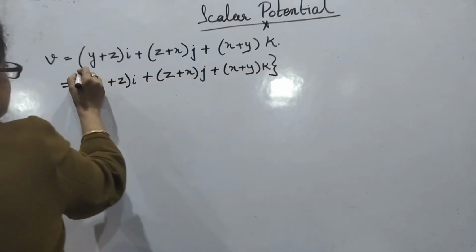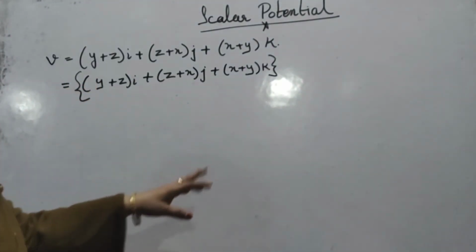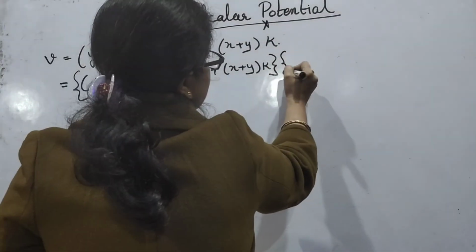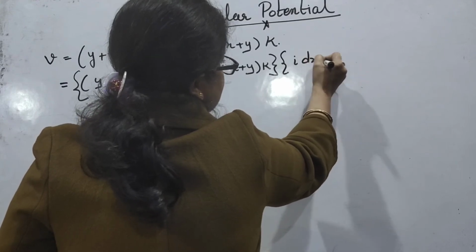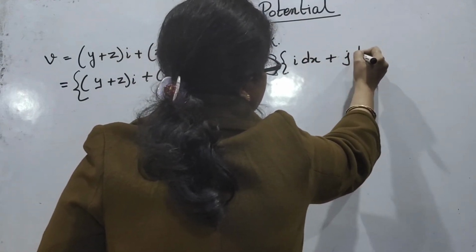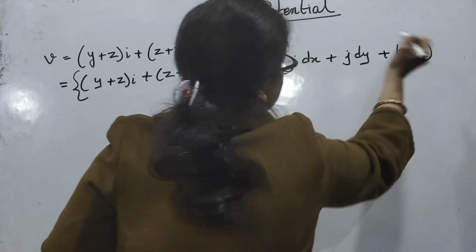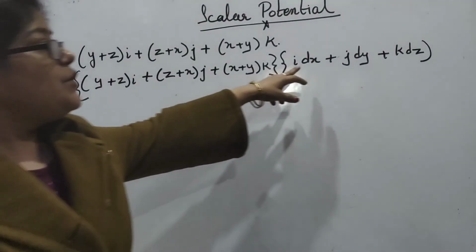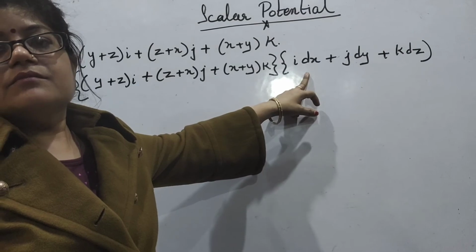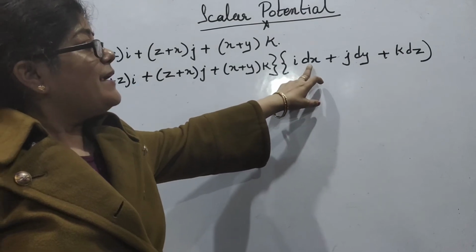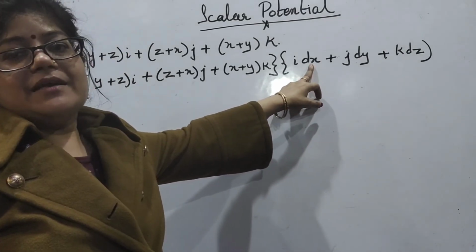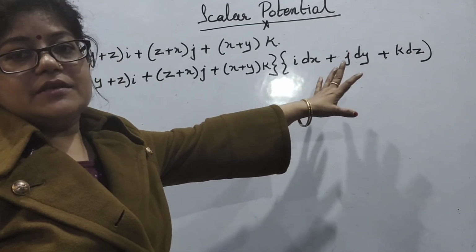After that, we multiply the whole vector with i dx, j dy and k dz. Here we don't differentiate. Okay? We write side by side, dx, dy, dz.